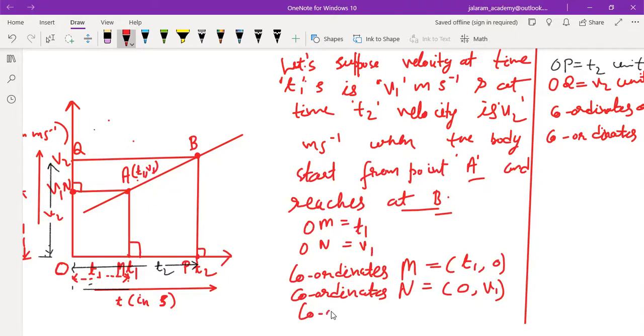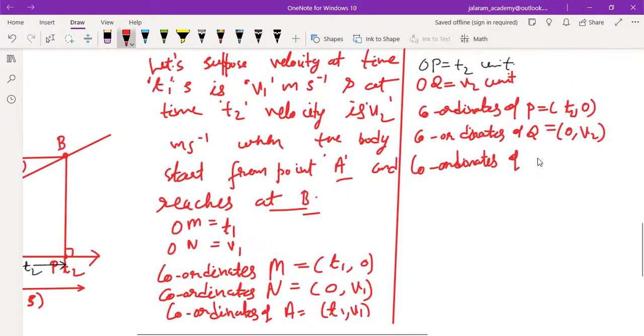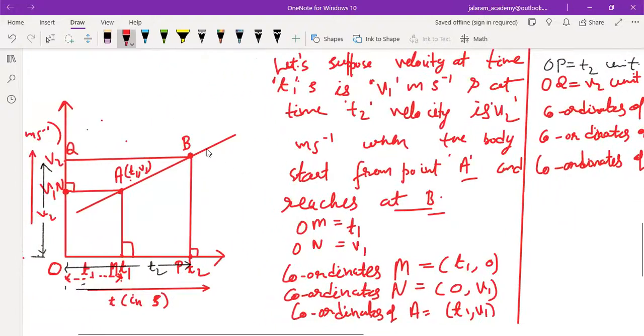And the coordinates of B will be T2 comma V2.